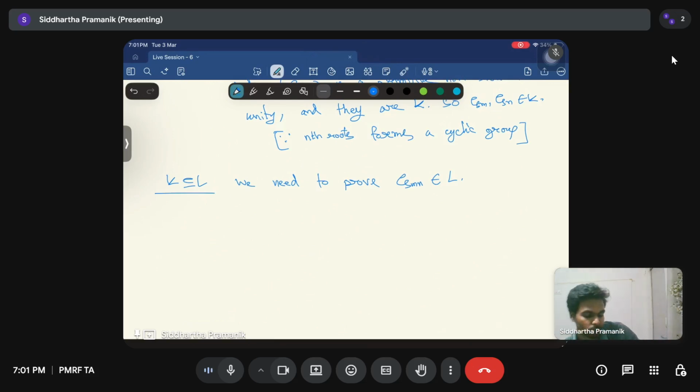In other words, it is enough to show that the field L contains a primitive mnth root of unity.